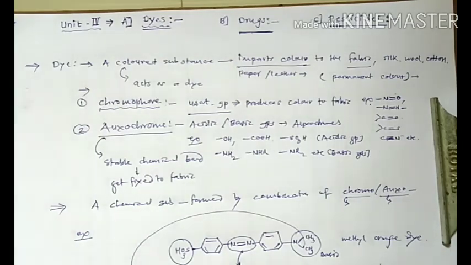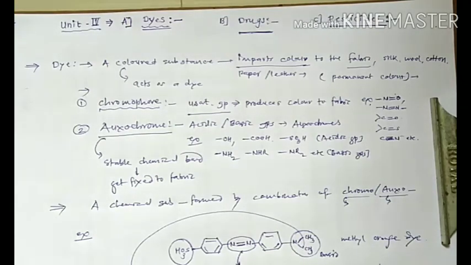So the colored substance which imparts color to the fabric by formation of a stable chemical bond is called a dye. And dyes can be classified broadly on the basis of two things: the structure of the dye, and the second one is the mode of application of the dye.